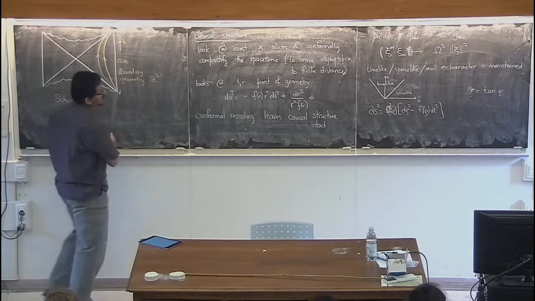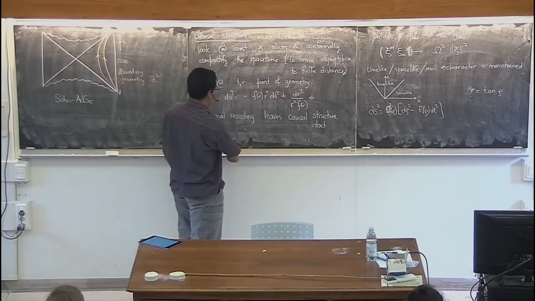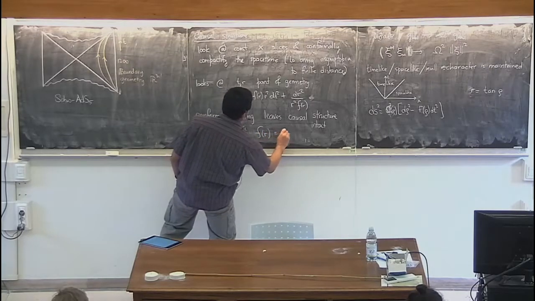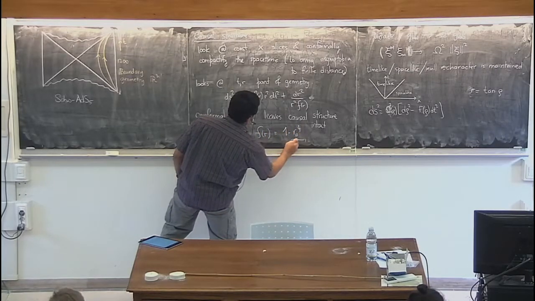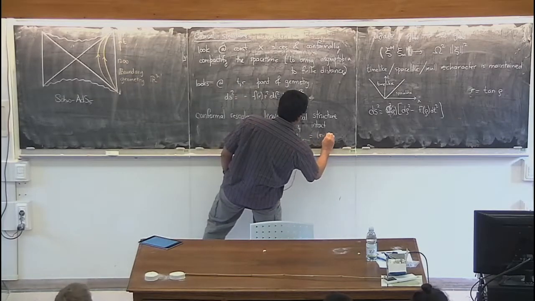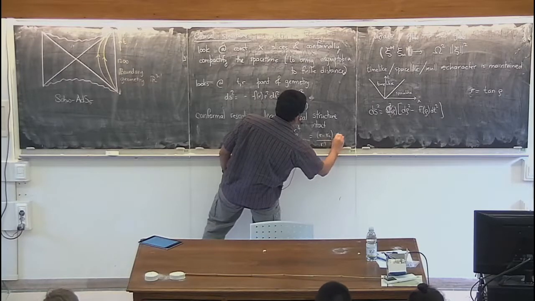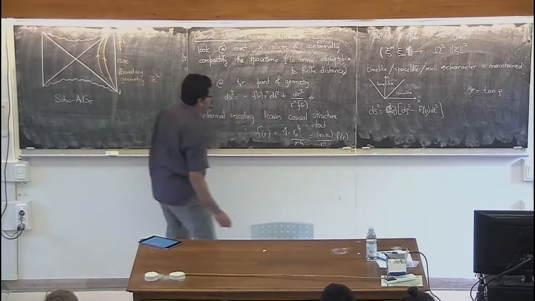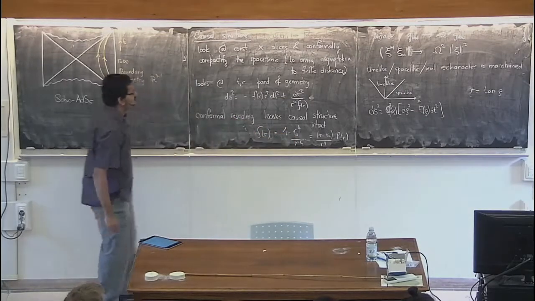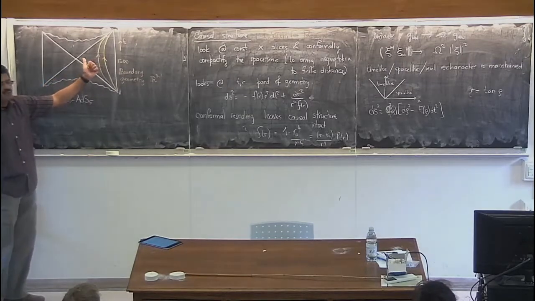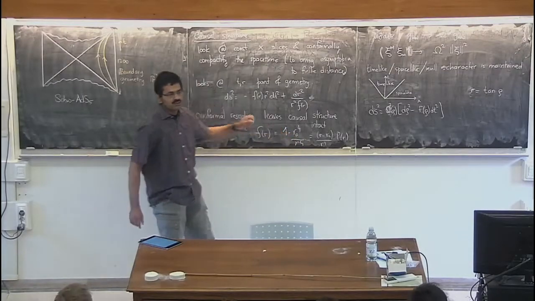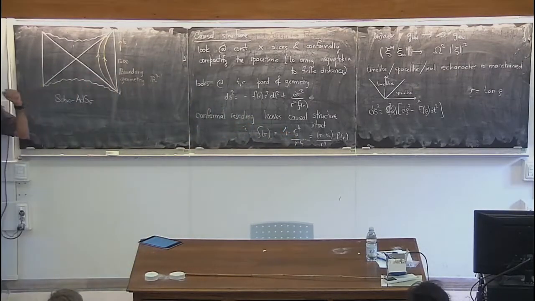And because this function f of r has a simple zero at r equals r0, it follows that this Killing field d by dt, which is time-like for r bigger than r0, goes null at r equals r0, which is the location of the event horizon.